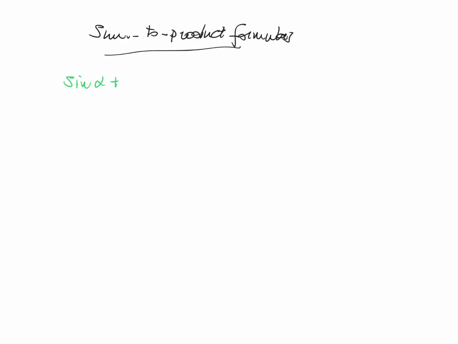The last set of formulas was sum to product, as we already said. You have a sum, so sine alpha plus sine beta, and you want to express those as a product of trigonometric functions. So sine alpha plus sine beta equals 2 times sine of alpha plus beta over 2 times the cosine of alpha minus beta over 2.